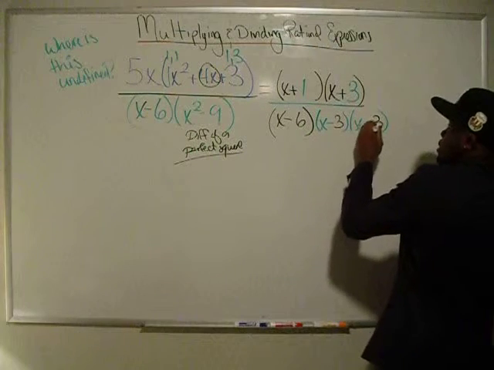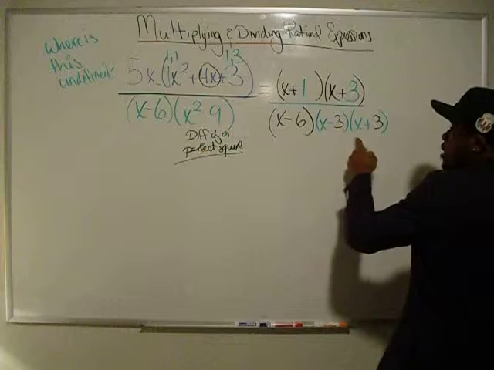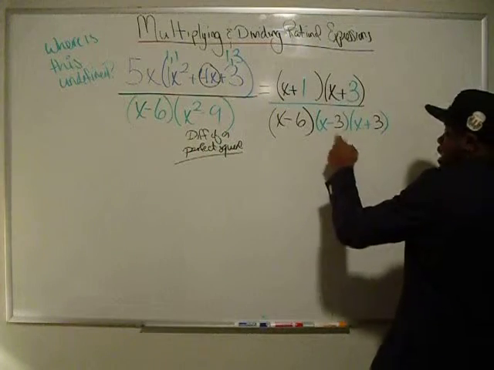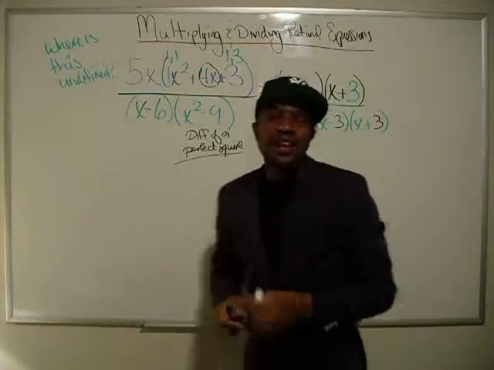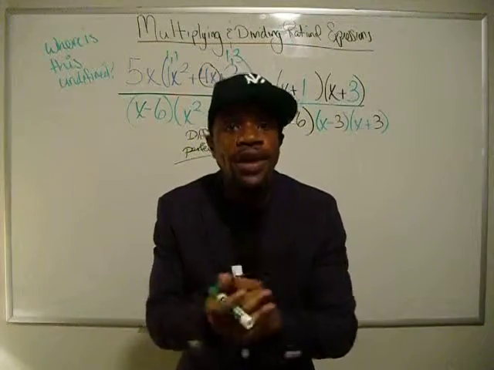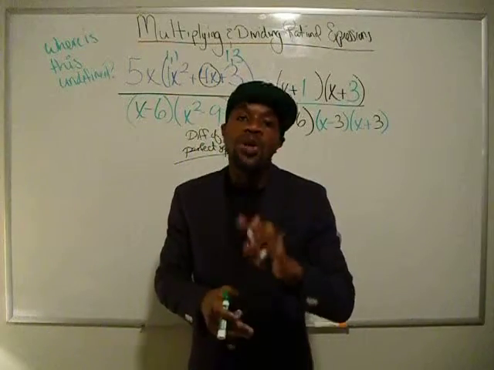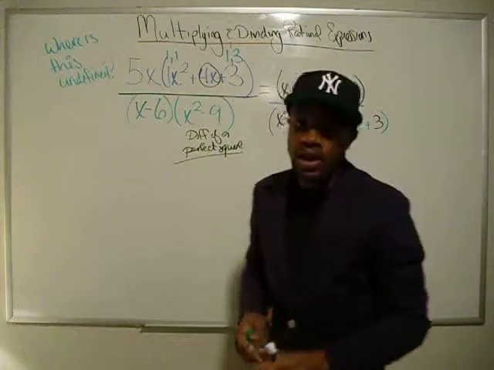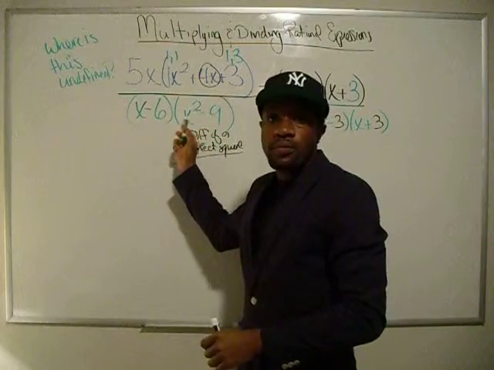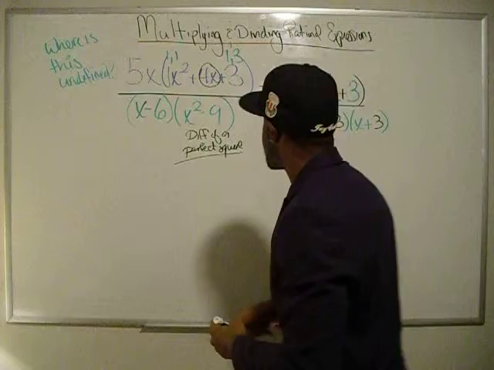When we FOIL, we get x squared plus 3x minus 3x, then minus 9. The very important thing in a difference of a perfect square is there will not be a middle term. First term, second term. All right, cool.